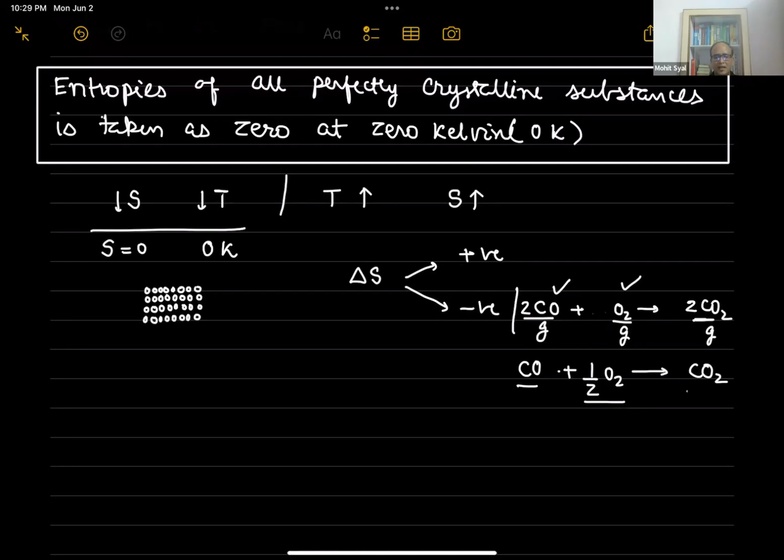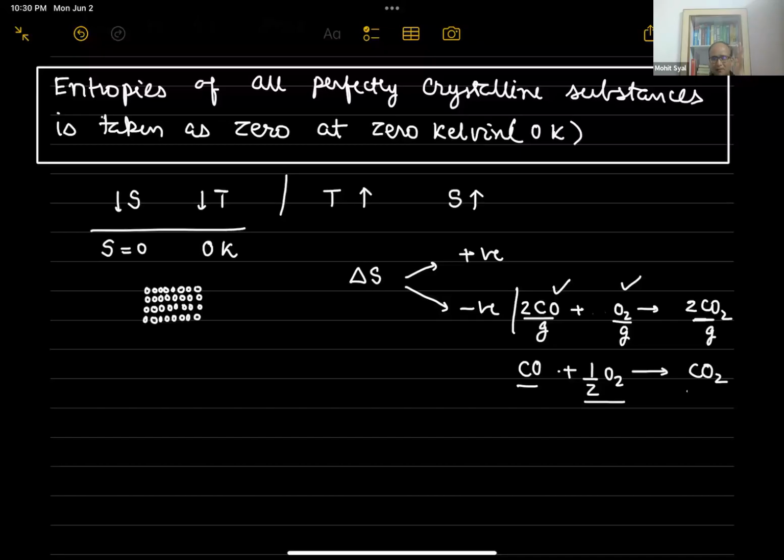Okay. But at 0 Kelvin, what is the entropy of any pure substance? That is 0. Because just imagine everything started from 0 Kelvin. At 0 Kelvin, all the things were in perfect crystalline form where all the atoms were perfectly arranged.